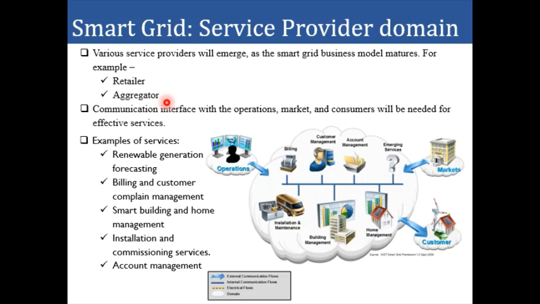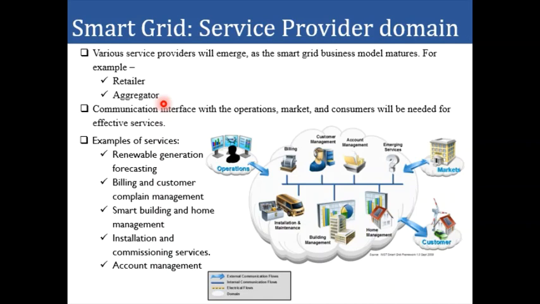But it is not possible for the customer to do this kind of activity alone. So the aggregator will play a major role in aggregating such customers and then trading in the market on their behalf for better price discovery. So the aggregator will be like an intermediary between the customer and the energy market.